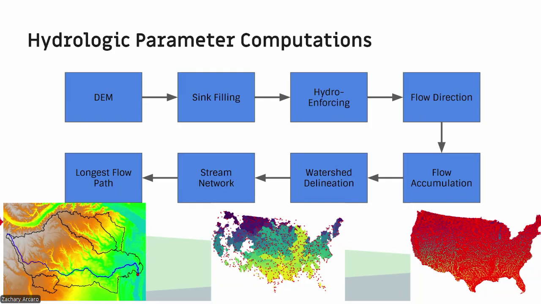And you calculate flow direction and accumulate your flow, number of cells, and some weighting, and delineate watershed boundary, and get a stream network. And you find the longest flow path, for, let's say, time of concentration within your watershed, how long it takes to drain all this water. For that, you need that physical parameter called longest flow path.